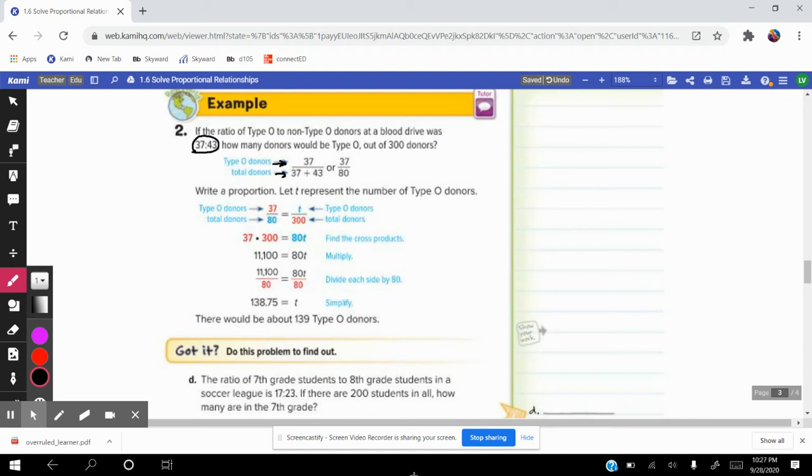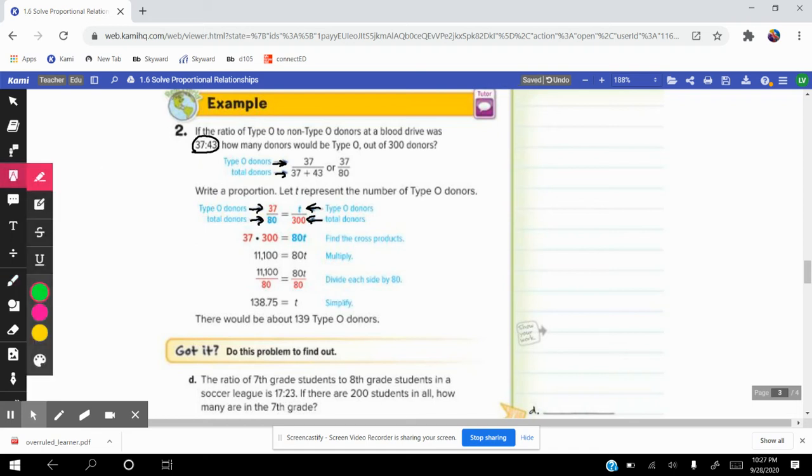So we're going to write a proportion and let T represent the number of type O donors. So type O donors, that's how we got the 37 divided by 80. Then in order to find out from total donors from 80 to 300, we take T and divide it by 300.